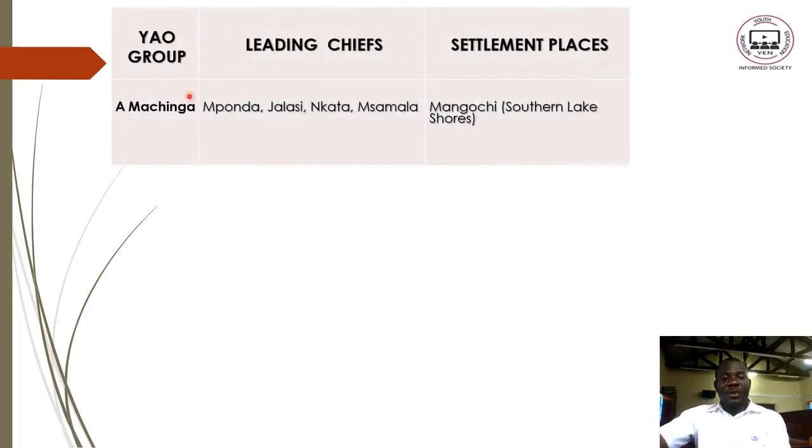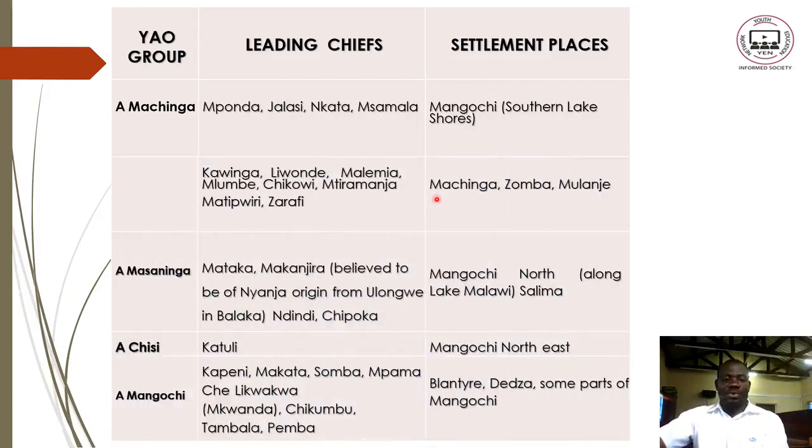So in a summary of those groups, we talk of the Yao groups like the Amachinga Yao. These ones were led by Mponda, Jalasi, Nkata, Nsamala, and they settled in Mangochi, the southern Lake Malawi shores. That's where they settled.